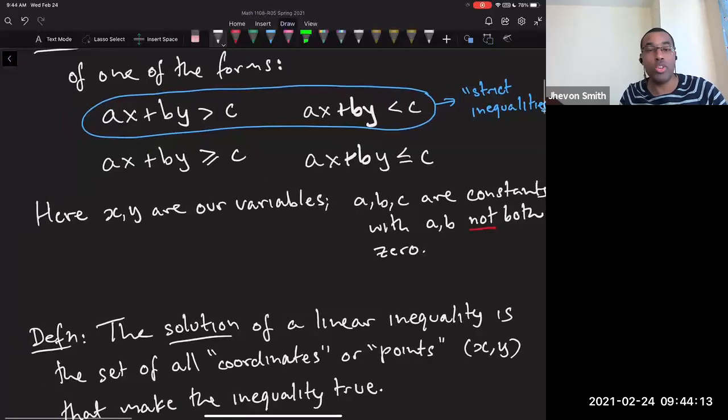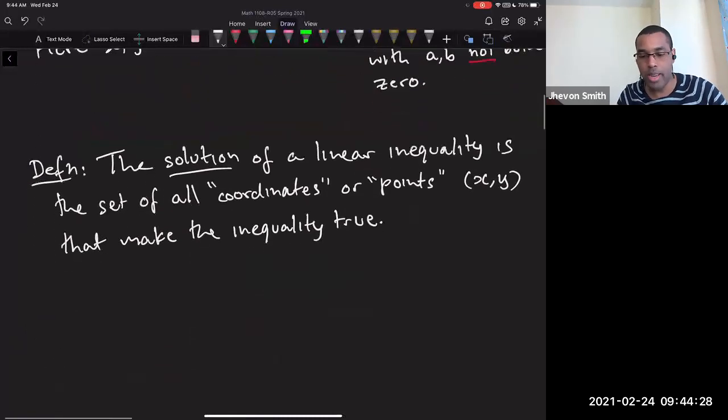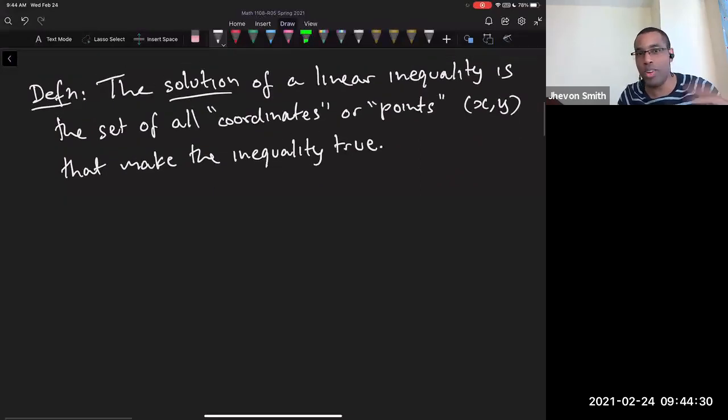In general, you have infinitely many solutions for a linear inequality. To know which points are in the solution, you can just plug them in and see if it's true. Of course, you don't want to plug in an infinite number of points, so we're going to think of a different way to actually find the solution.